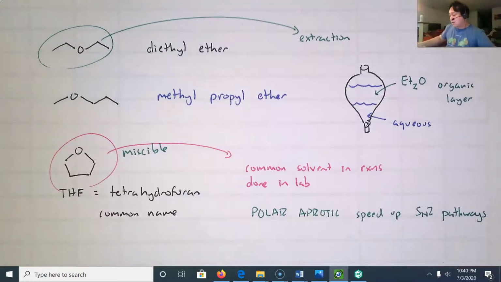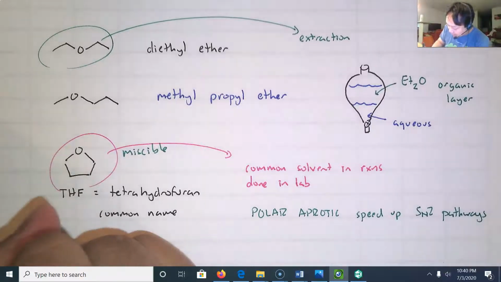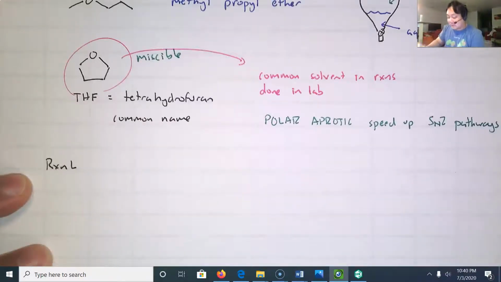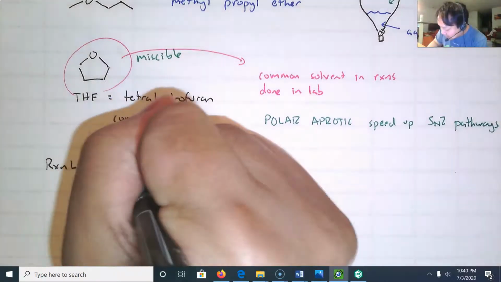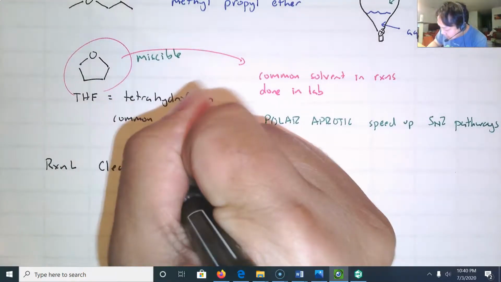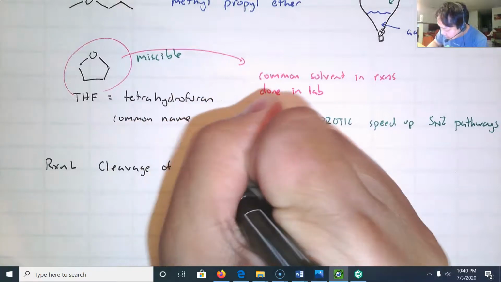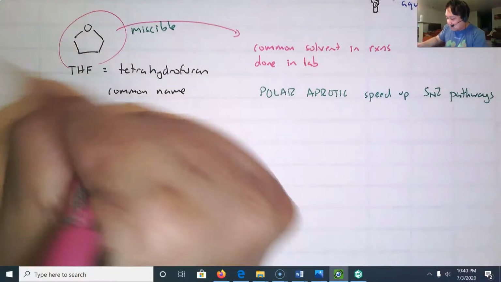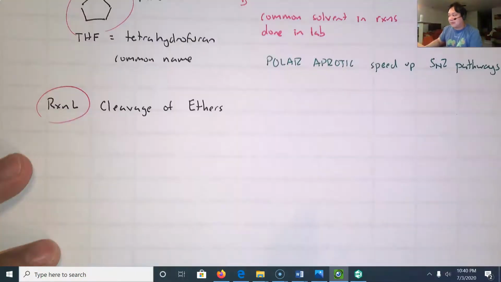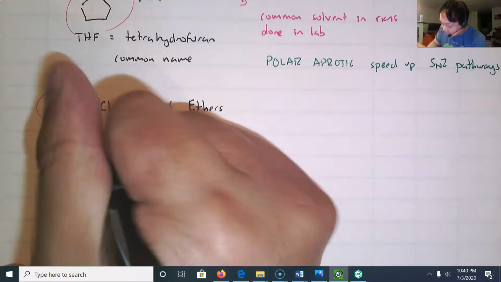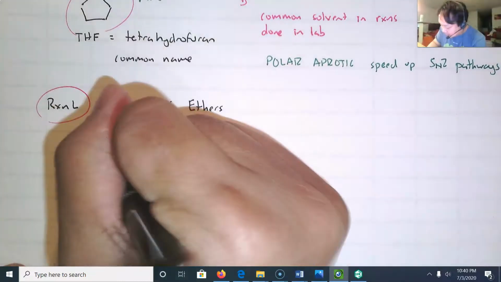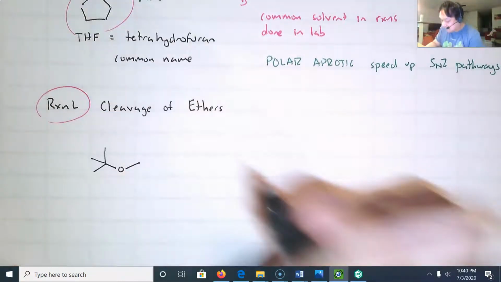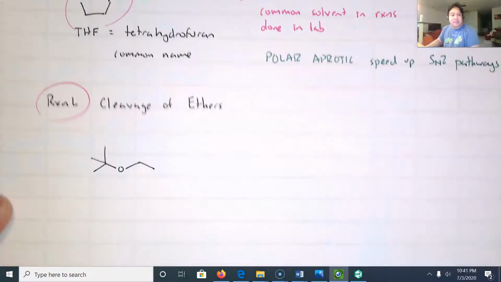This is reaction, I think we are up to L. Yes, we are. Reaction L, cleavage of ethers. Let me give us a fairly standard example. Let's take this ether here. Let's add another carbon.